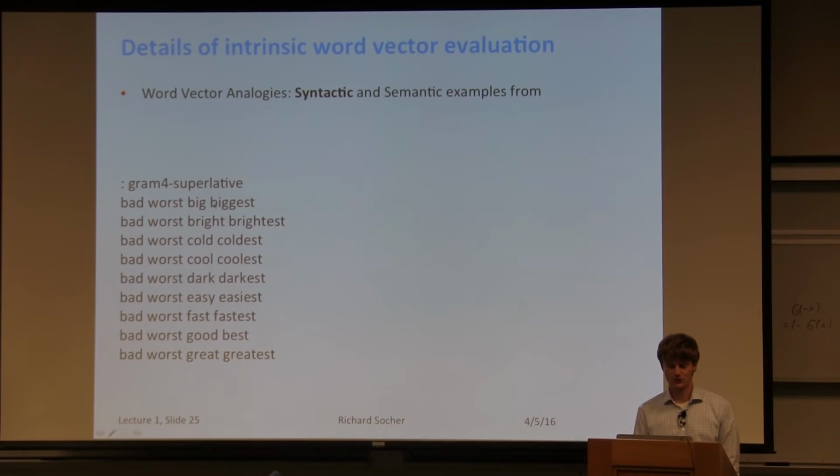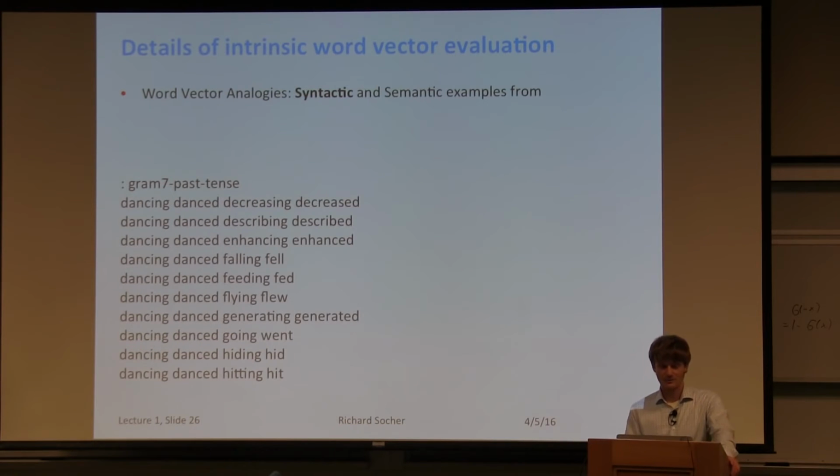So bad minus worst should be similar in vector direction to big minus biggest, for instance. With past tense, dancing to danced should be similar to decreasing and decreased. And of course, there are lots of examples that we can collect. So in the end, we'll have tens of thousands of these kinds of analogy pairs, and we can really see if our model captures all of them consistently.